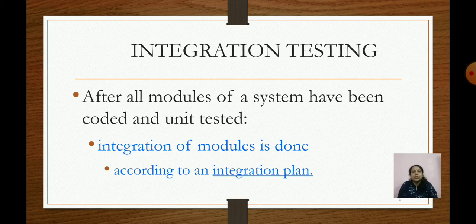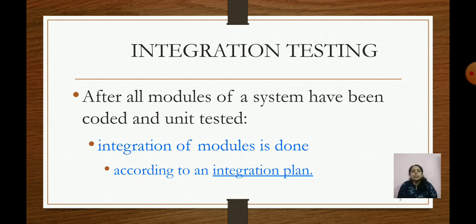Then integration testing. After all modules of a system have been coded and unit tested, integration of modules is done according to an integration plan. Means after each module was coded and unit tested, then the integration takes place according to an integration plan.